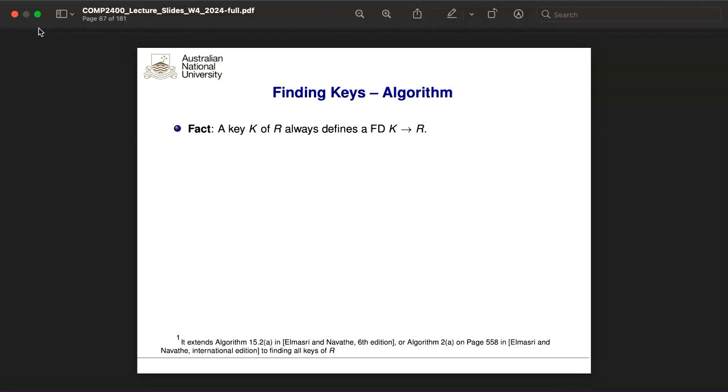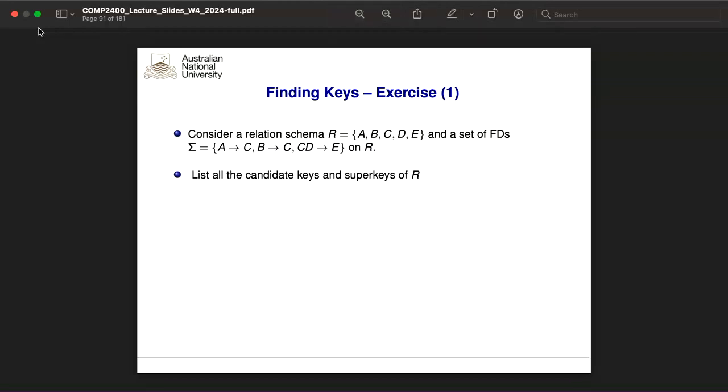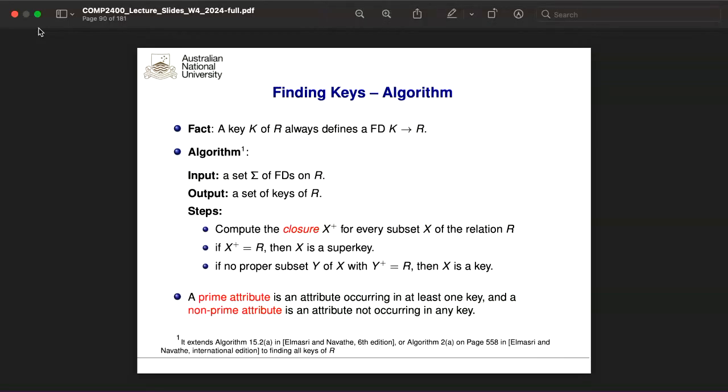There is some algorithm, but this algorithm is based on a fact. What is a key? The main property is that when we talk about a key for a relation schema, it means the attributes of the key together can determine all other attributes. So based on this idea, we have a set of function dependencies as input. Then the algorithm will give you a set of keys for the relation schema.